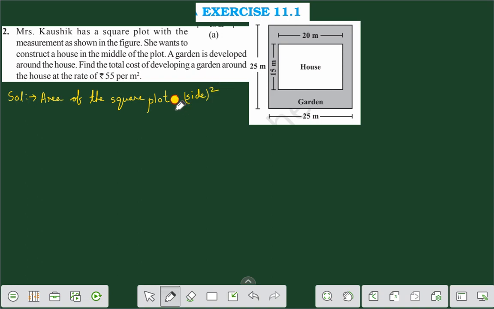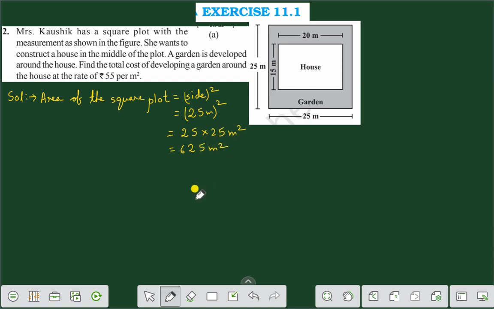On the side here it is given as 25 meter. That is 25 meter whole square. We are getting 25 into 25 meter square. 25 into 25 is 625. It is 625 meter square.